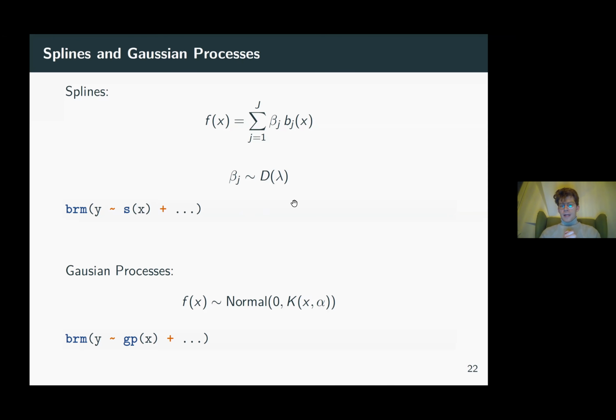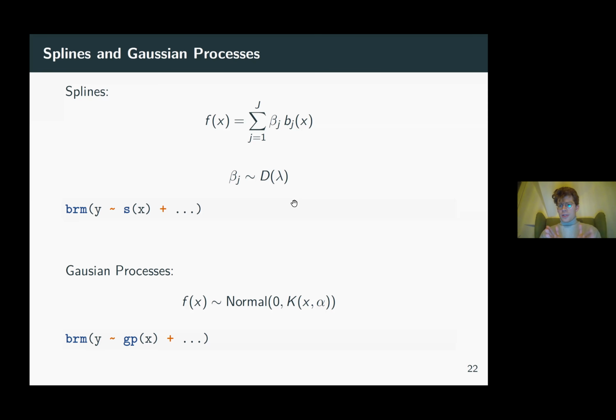Splines are really complicated, and I wouldn't claim that I understand all of the details, but there are really good packages in R, most notably the mgcv package, that handles splines quite well. And BRMS uses mgcv behind the scenes to set up all the mathematical stuff with regard to splines.